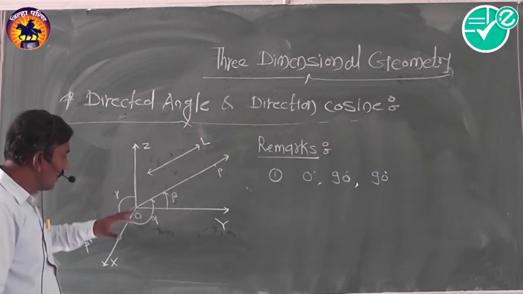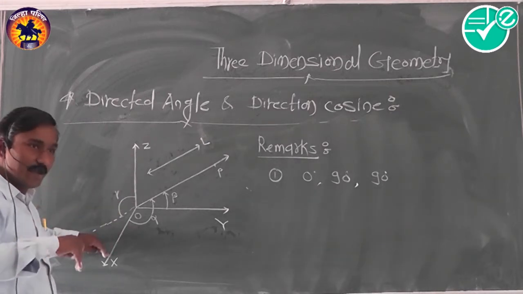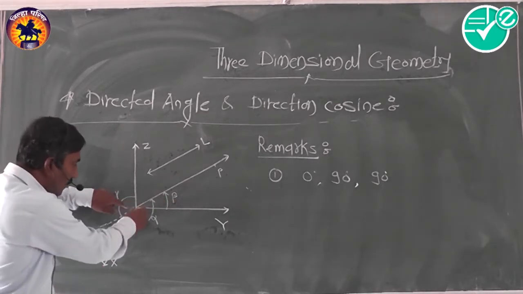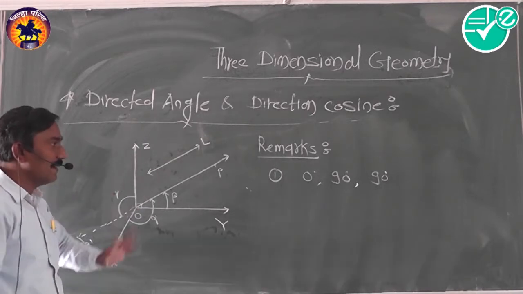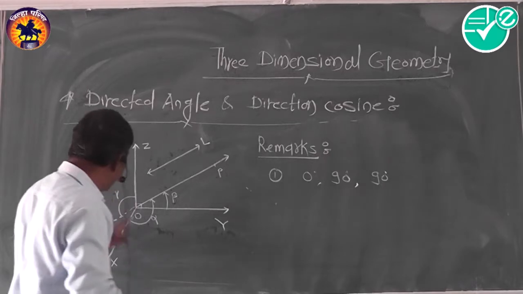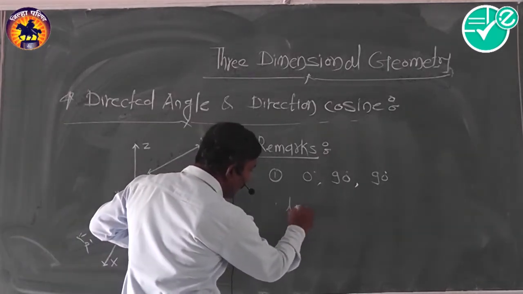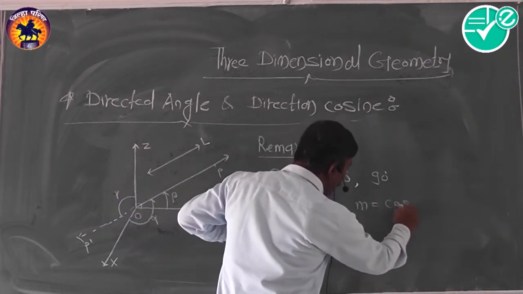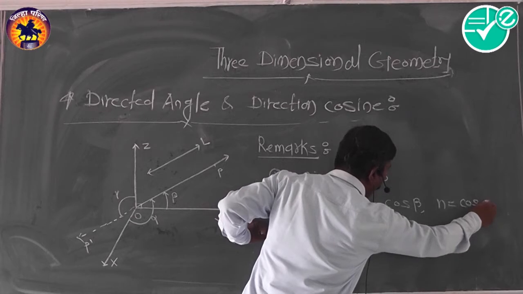Remarks we have to see: the x-axis makes 0 angle with itself. The other two are perpendicular, that is 90 degrees. So the direction cosines of the x-axis are l is equal to cos alpha, m is equal to cos beta, n is equal to cos gamma.